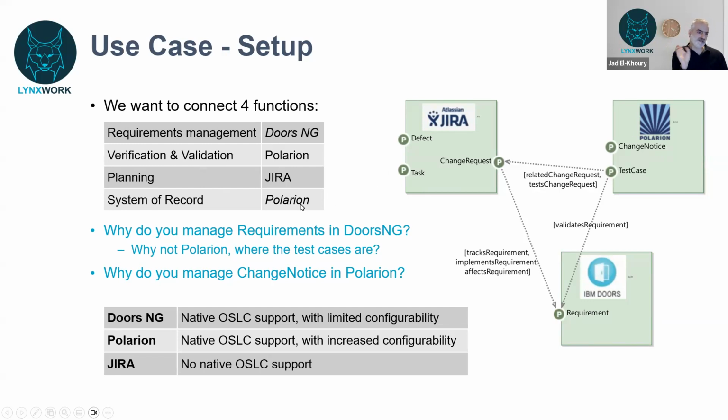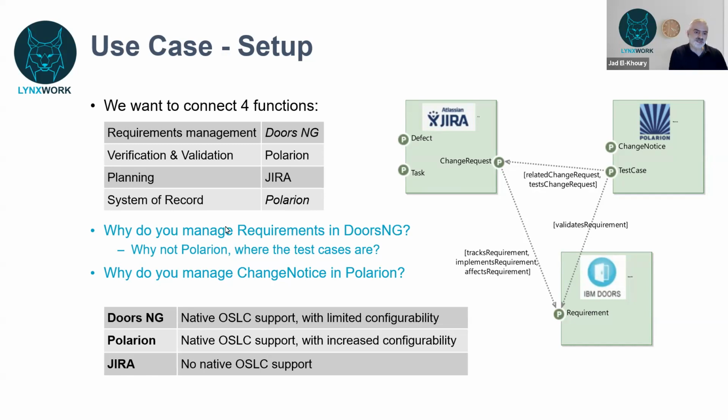So these are your four functions, and they're mapped, in this particular case, to these three different applications. Now, I'll preempt the questions about why you have requirements in DOORS. Why don't you put them also in Polarion, for example, and then you don't have this traceability problem? Sure, but if we want to focus on the case of federation, there are valid scenarios where this might happen. So I'm not promoting a particular architecture of where you put your requirements. I'm just giving a case of what could have happened for whatever reason.